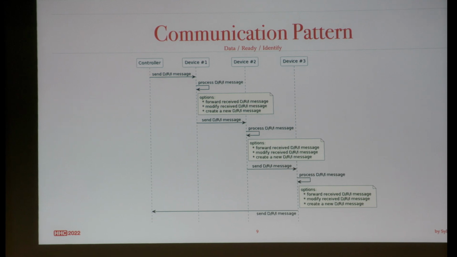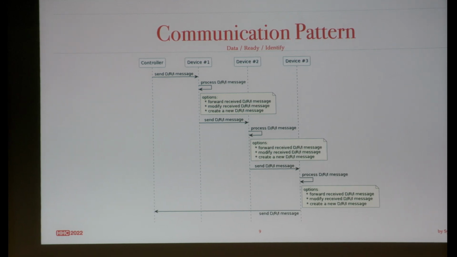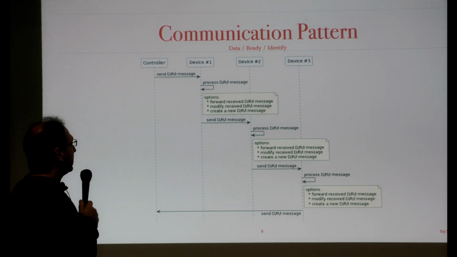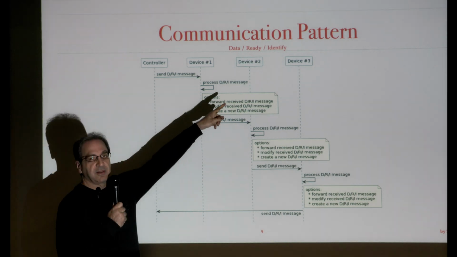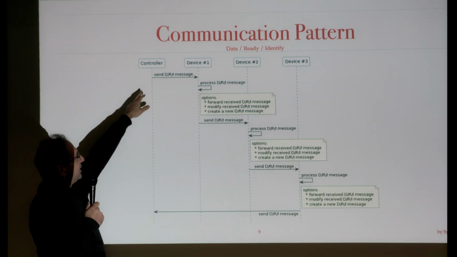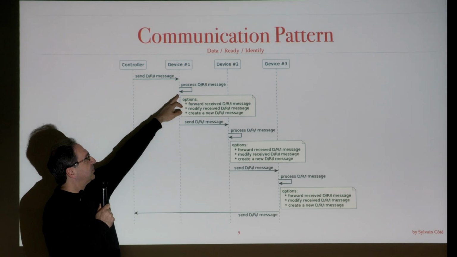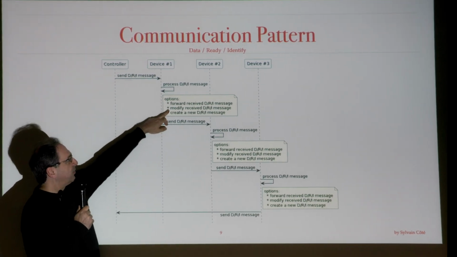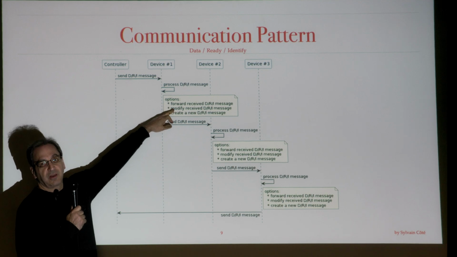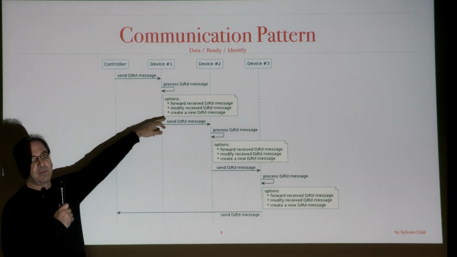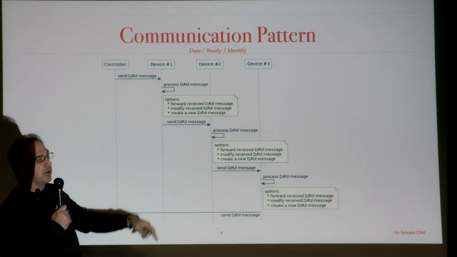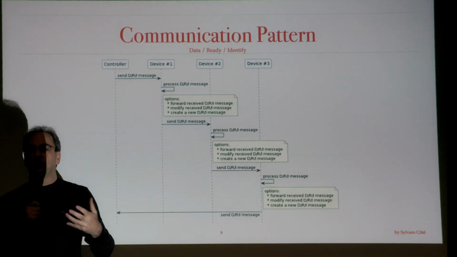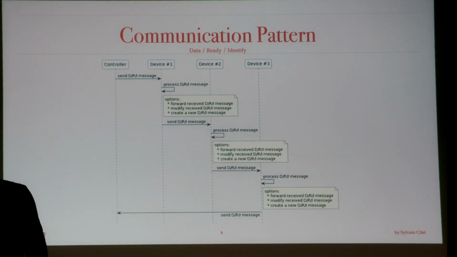Now, the communication pattern, how it works. If a controller sends a data, a ready or identify message, it is sending a message to the first device. The device will interpret that message, and either it is going to forward the message as is, or it's going to modify the message, or it's going to create a new message and send that instead.